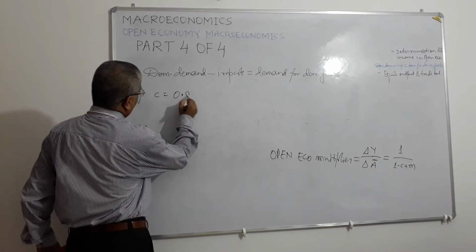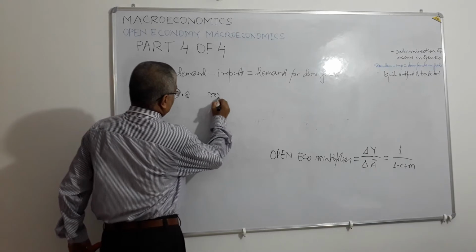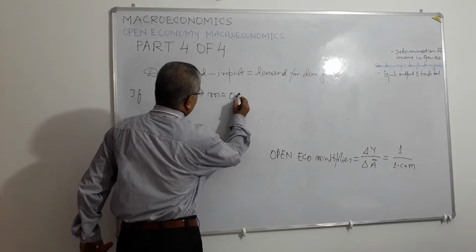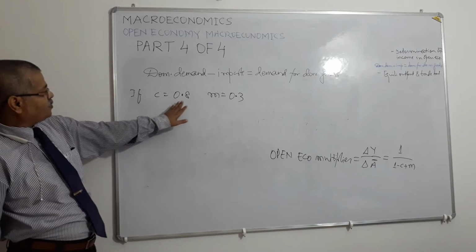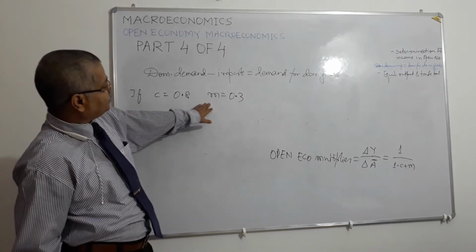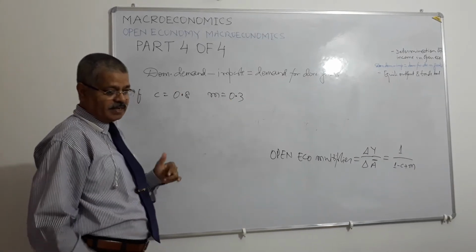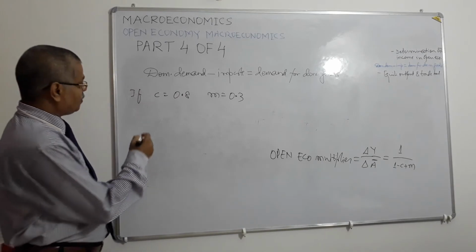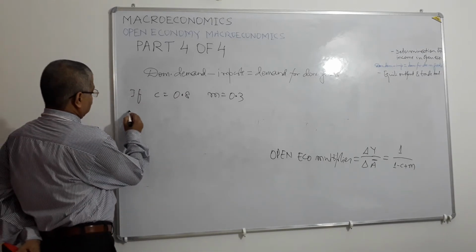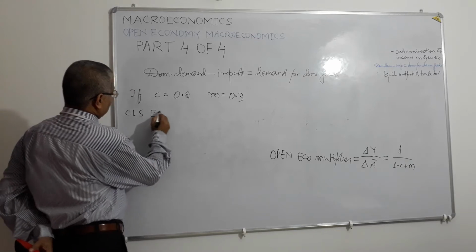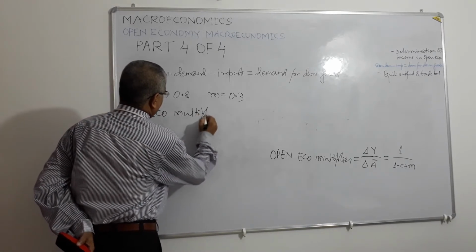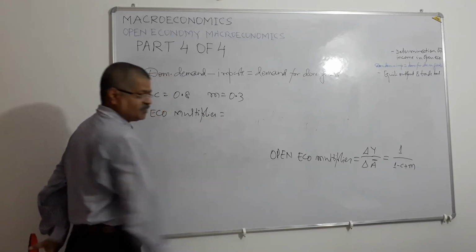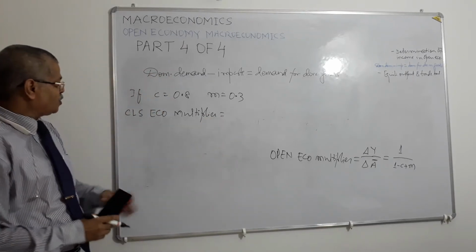If C is equal to 0.8 and M is equal to 0.3, right? Marginal propensity to consume is 0.8, marginal propensity to import is 0.3, then closed economy multiplier. What is the closed economy multiplier?